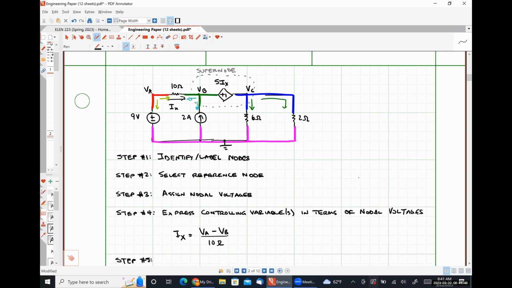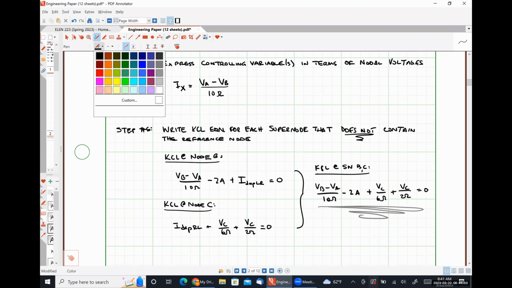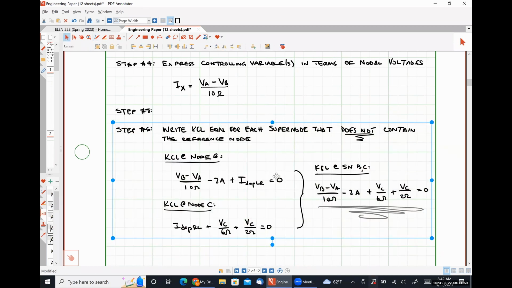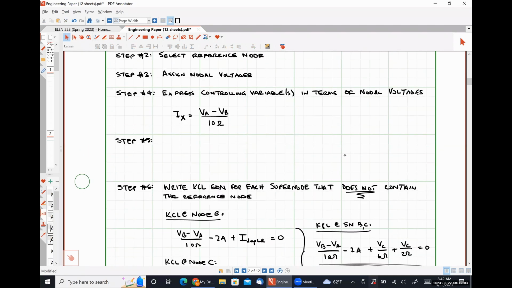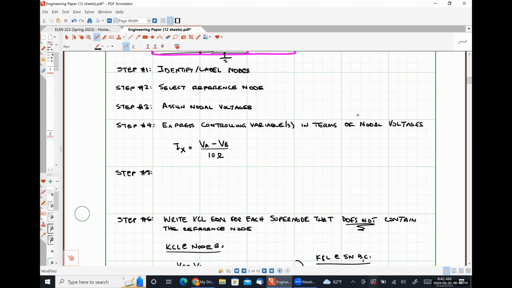All right. So I need to give myself even more room so we can actually write things here. So we have that voltage source, right? 5Ix.